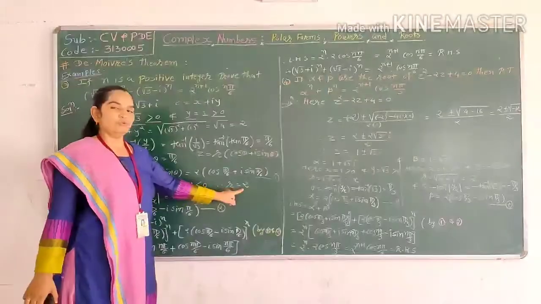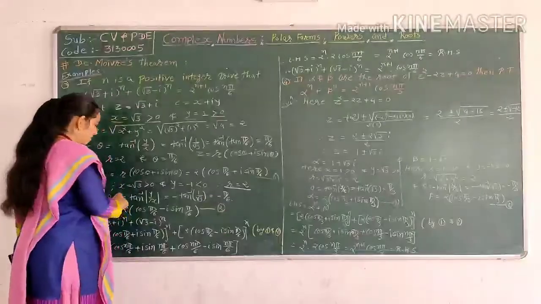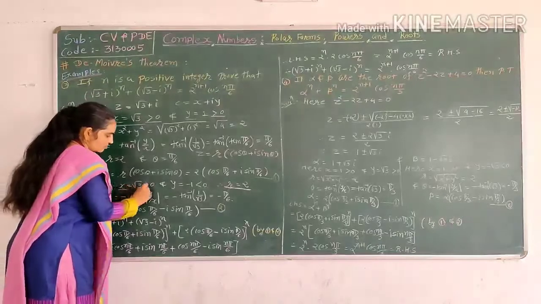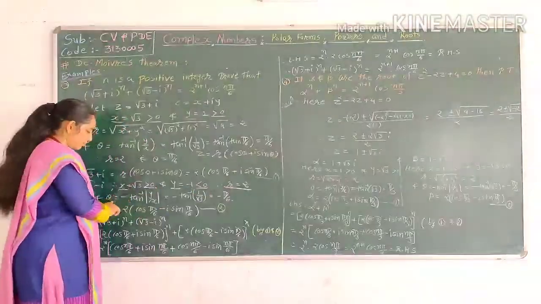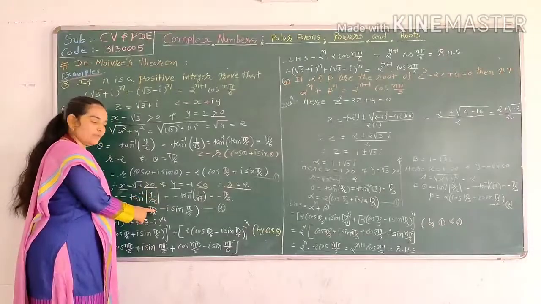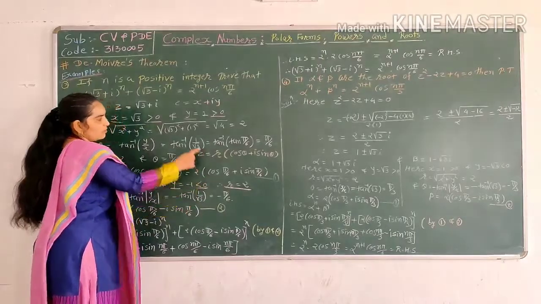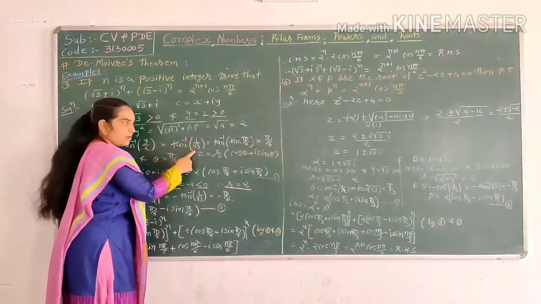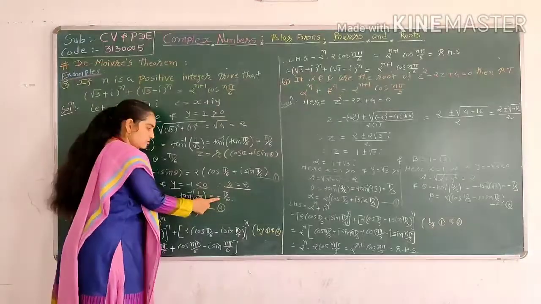Therefore r is equal to 2. And theta. Now here given x is greater than 0 and y is less than 0. Therefore theta is equal to minus tan inverse modulus of y by x, which is minus tan inverse 1 upon root 3. We know tan inverse 1 upon root 3 is equal to pi by 6. Therefore minus pi by 6.